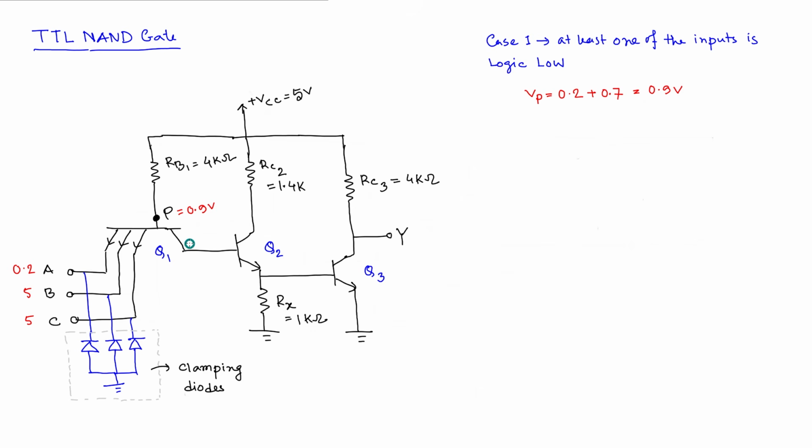So one thing you may ask, like, why from base to collector voltage here should be 0.7, right? So same question I asked in the class, and I asked you to investigate.